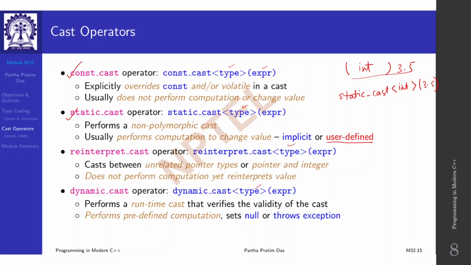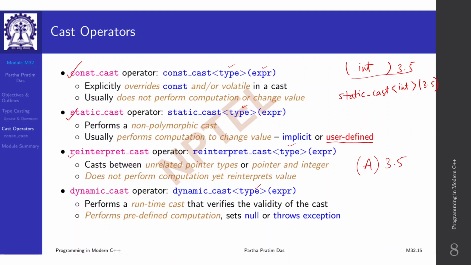Like let's say we have a custom class called A, and we wanted to convert an integer into an A. This won't be allowed in C style casting, but in static casts we can specify a custom constructor to create an A object out of an integer, and then we can use the user defined functions to perform the cast.